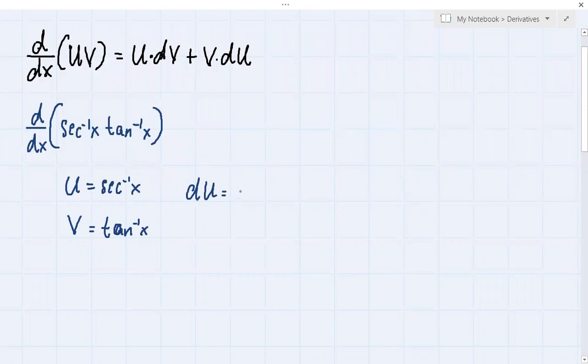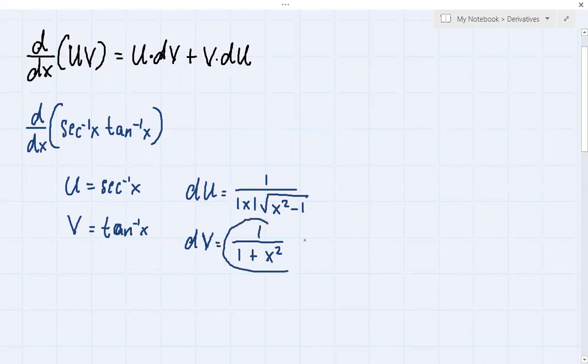The derivative of arc secant, or basically derivative of u, is 1 all over absolute value of x times the square root of x squared minus 1. Next, kunin natin yung derivative ng v or the derivative of arc tangent. So this would be 1 all over 1 plus x squared.